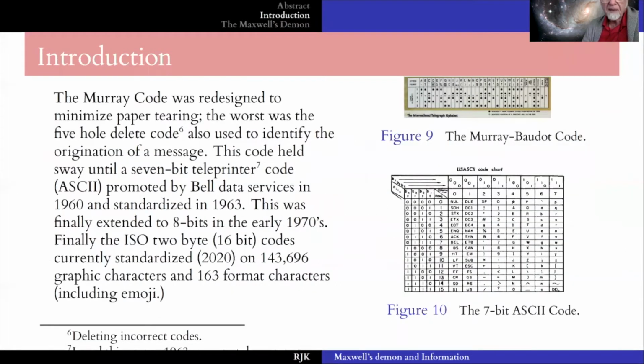Now, the Murray-Baudot code, also a 5-bit code shown in figure 9, was a redesign of the original Baudot code, which was designed to minimize the fatigue of somebody typing on the clavier.